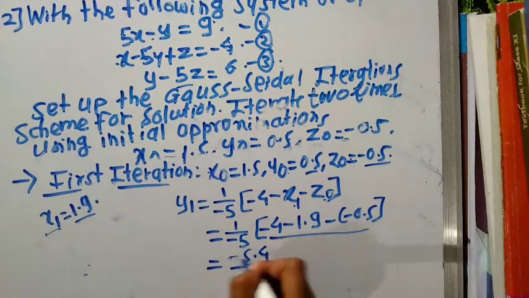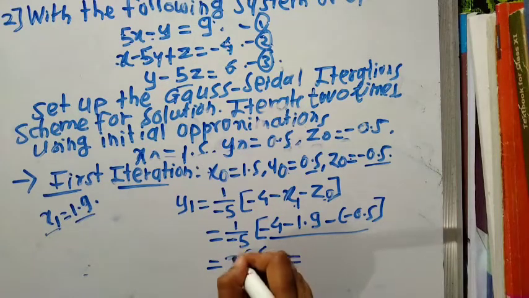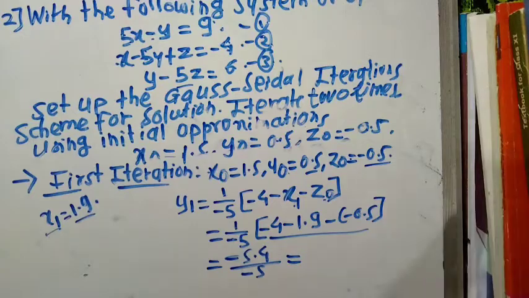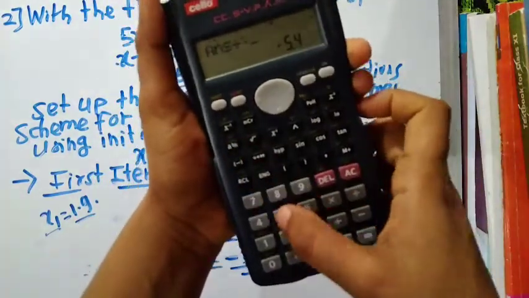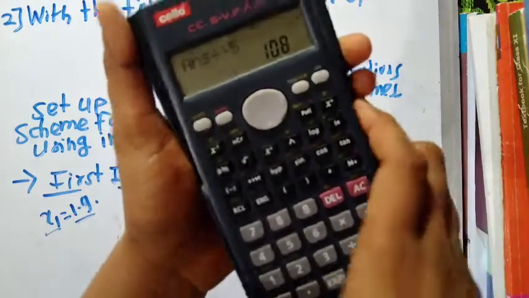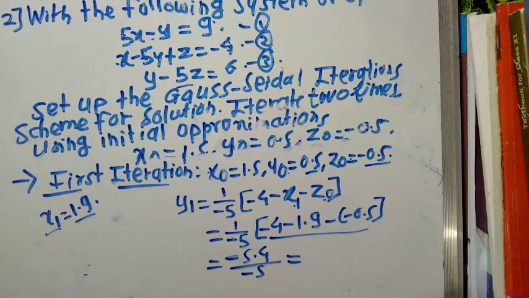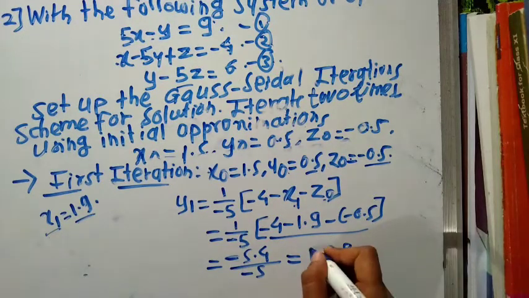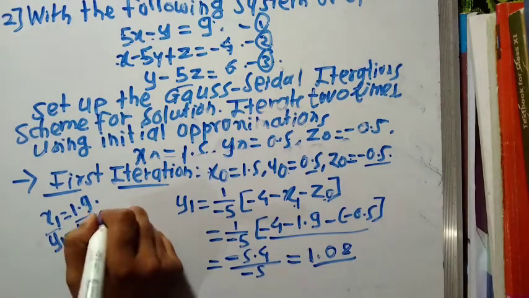Minus 5.4 divided by minus 5 is equal to 1.08.